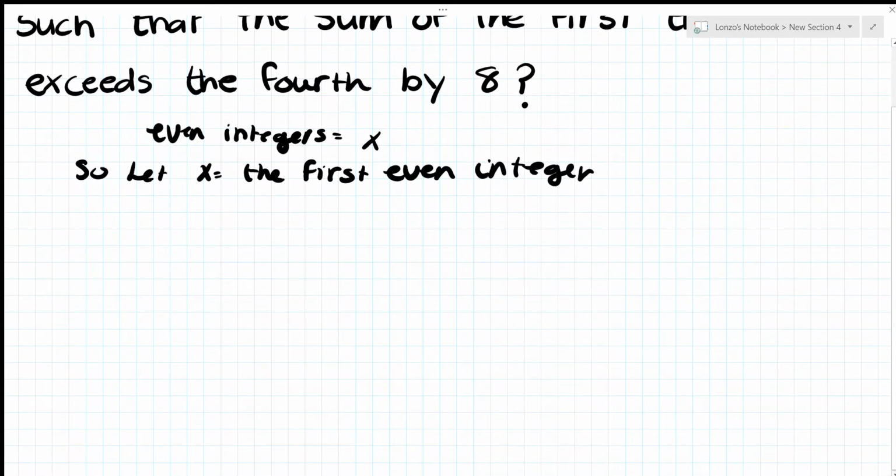So we have an x. This is my first consecutive even integer.